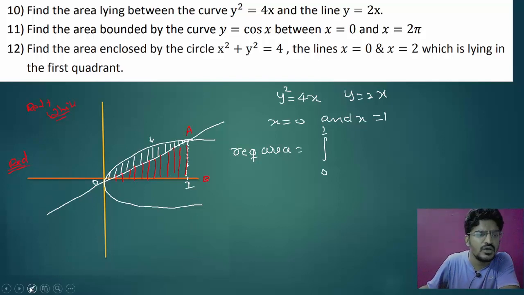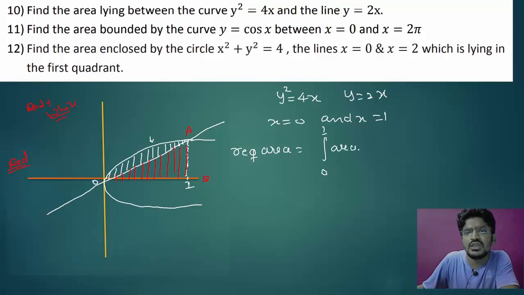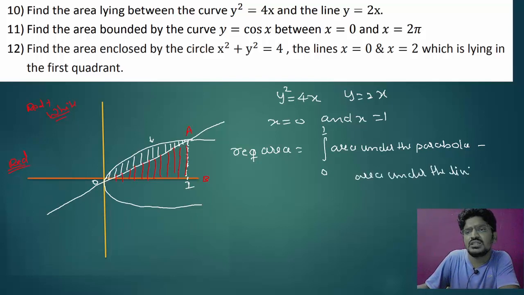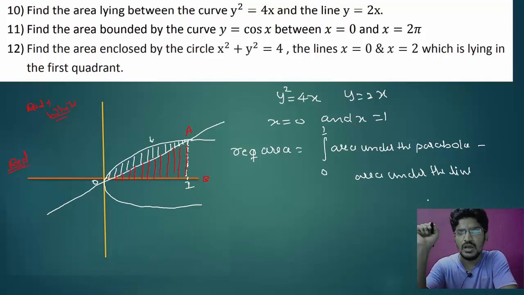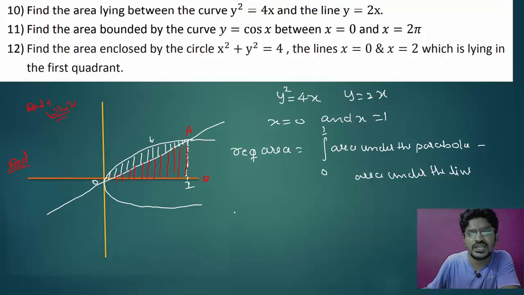So therefore, what will be your required area? Area under the parabola minus area under the line you have to calculate. Okay, so for that reason you just see, required area will be equal to integration from 0 to 1.